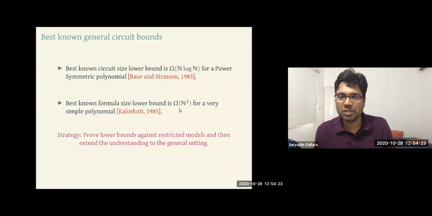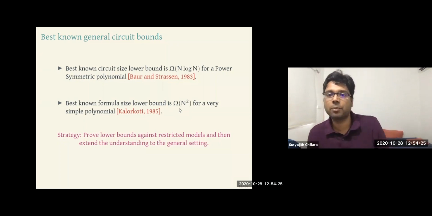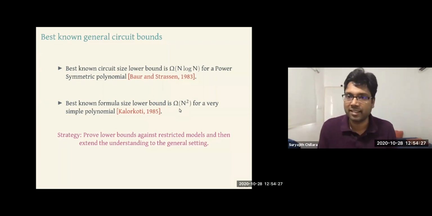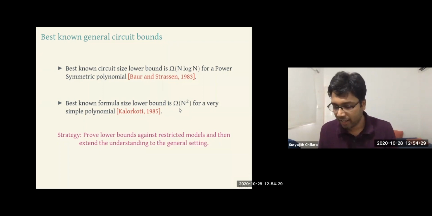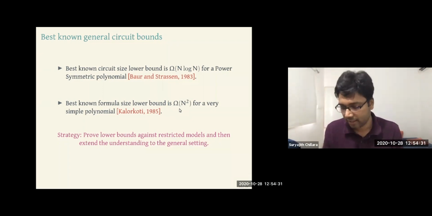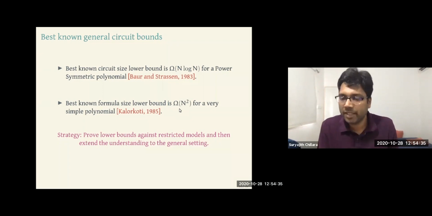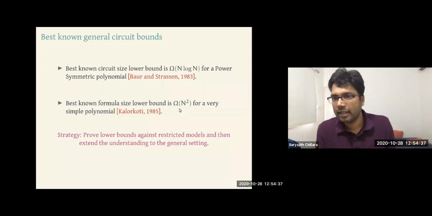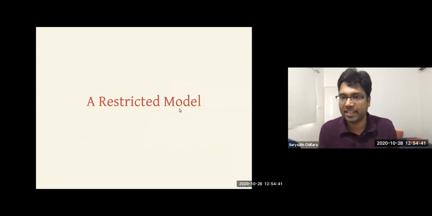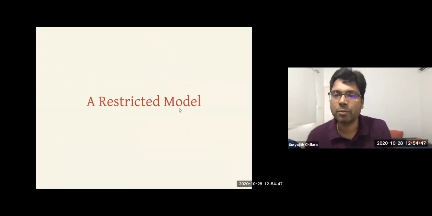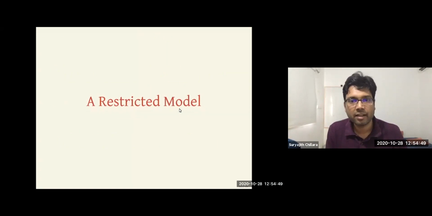Similarly, the strategy here is to prove lower bounds against restricted models, learn something, and extend it to the general setting. In this restricted setting we have shown some good lower bounds, and we're hoping to improve upon that.